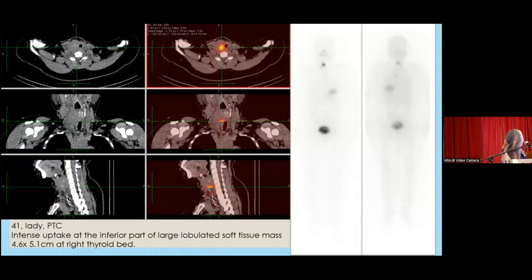This is a 41-year-old lady with papillary thyroid carcinoma, showing a large lobulated soft tissue mass at the right thyroid bed with calcification within. However, the iodine uptake only occurs at the medial part of the thyroid gland. So when this happens, the patient has high TG, we refer the patient for FDG PET.